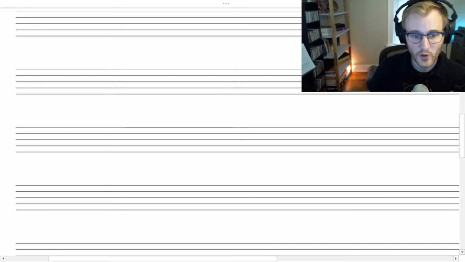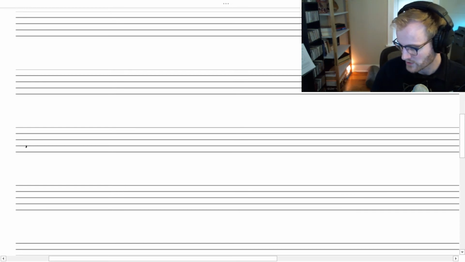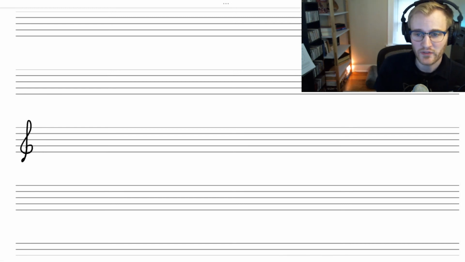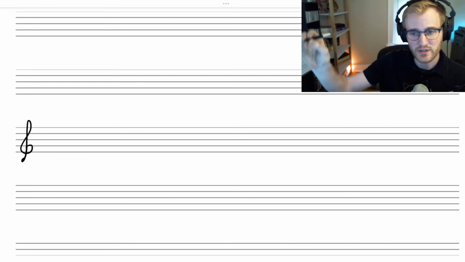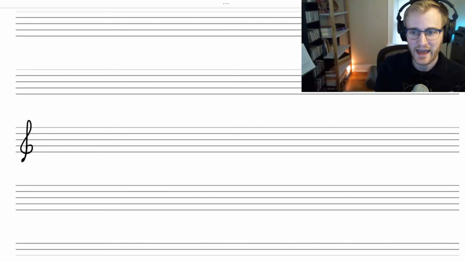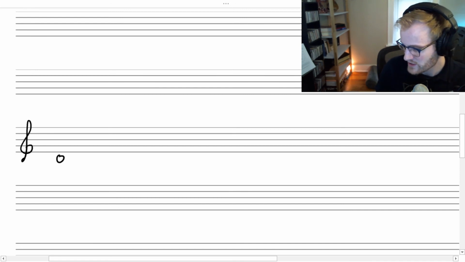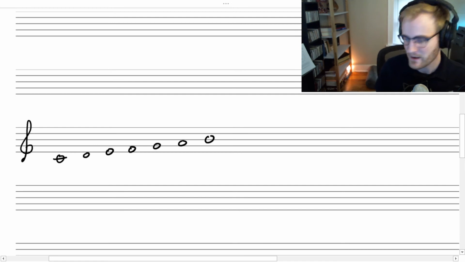remember something. So I'm going to go ahead and draw a treble clef staff here. If I want to have the key signature of G major or D major or E flat major, it doesn't matter what the key signature is when it comes time to writing the notes of the scale. And what I mean by that is, if I am going to write a C major scale, notice how I start on C and every single pitch of the scale has a different letter name, right?